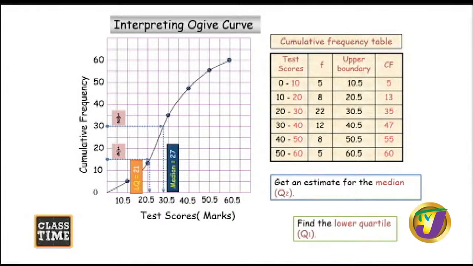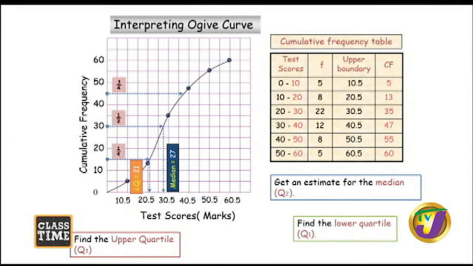So let me try the upper quartile. My upper quartile would be 3/4 of my data set, which is 3/4 of my 60. So I'm going to locate my 45 on my y-axis, which would be here.